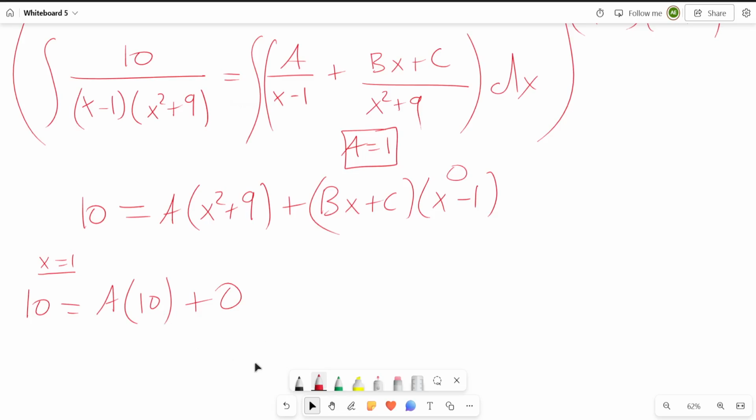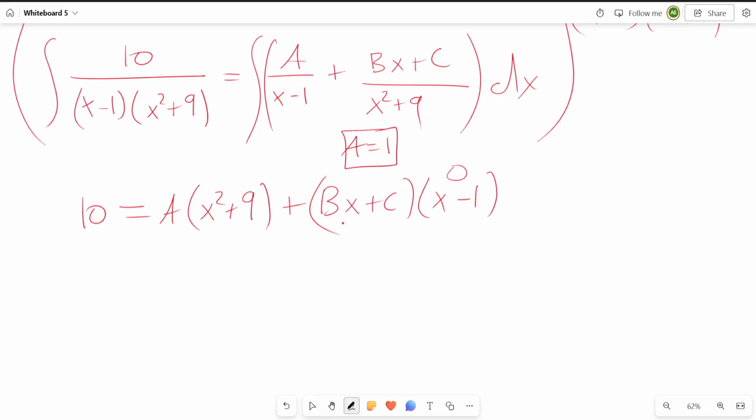Okay, let's do another substitution. I know that if I substitute x equals 0, this term over here is going to cancel. So let's say x equals 0. We're going to have 10 equals A times (0 plus 9), which is 9, plus (B times 0 plus C) times (0 minus 1), which is minus 1.